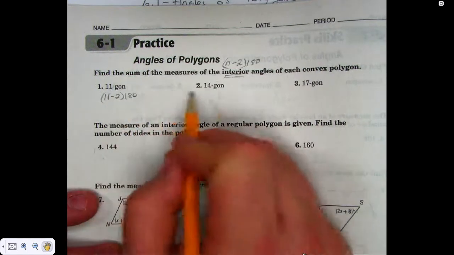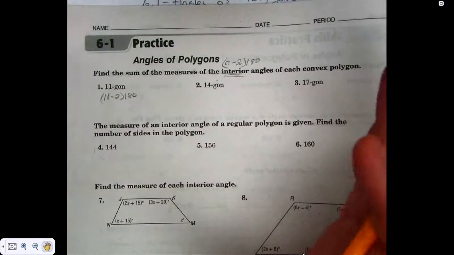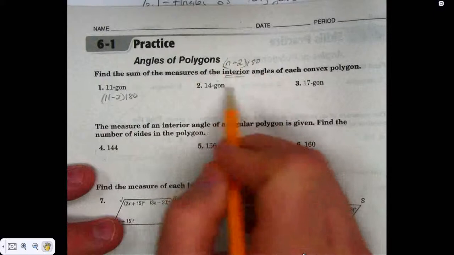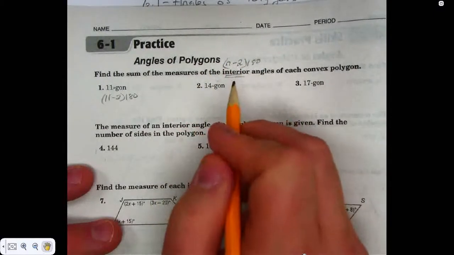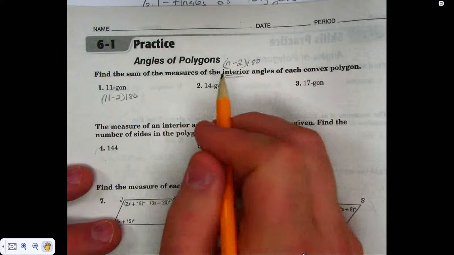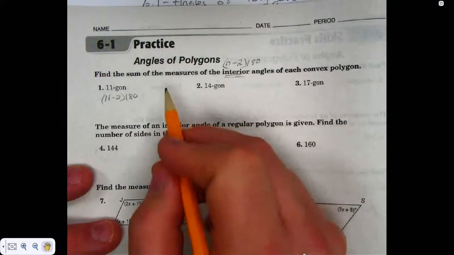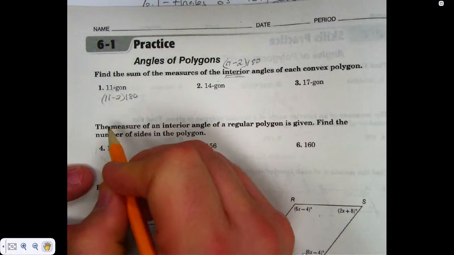I want to make you write this formula down as many times as I can. Why? Because you'd be amazed at when we start doing things where we've got to refer back to this information, chapter 8 and 7, after we do trig functions, we're having to remember how to find the sum and we forget this. So this is something I want to see. It's not too much to ask.